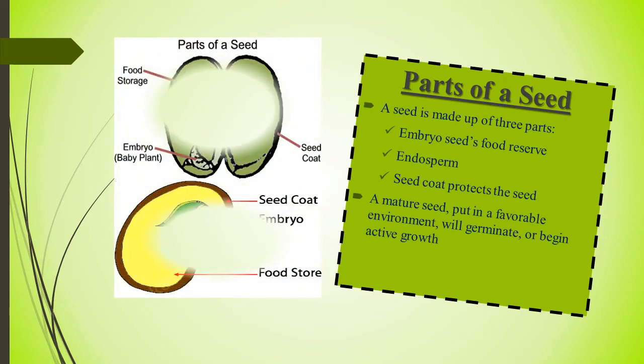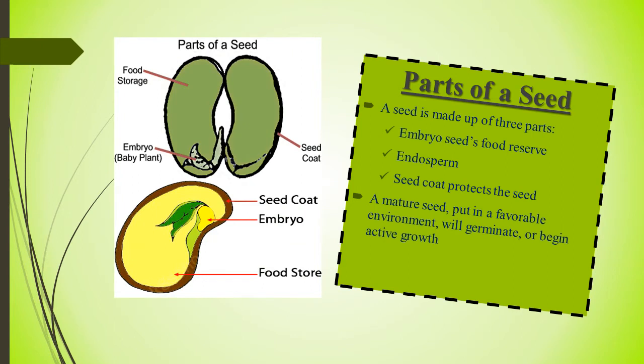In general there are three parts of seeds in young plants before emerging from seeds. Number one, the seed coat, which protects the plant. This is the hard surface. It protects the interior of the plant. The other part is called the embryo. The embryo is the new plant that develops as a result of fertilization, and it contains the cotyledon.